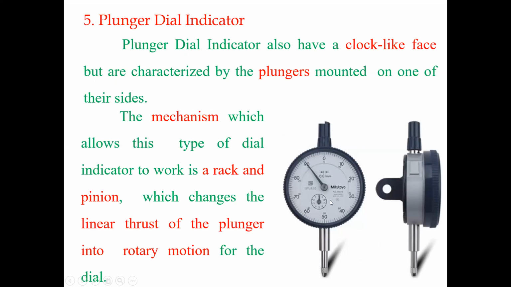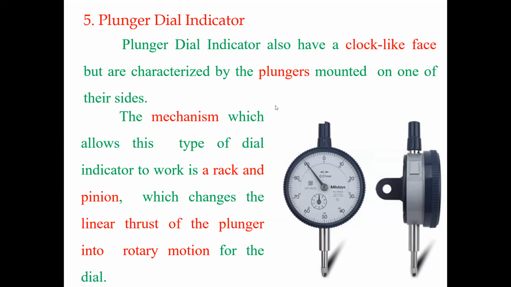That mechanism is meant for magnifying the smaller displacement or variation at the tip of the plunger, which is simply indicated on the dial. The rack and pinion mechanism changes the linear thrust of the plunger into rotary motion of the pointer on the dial. Very important. These plunger type indicators are very important.